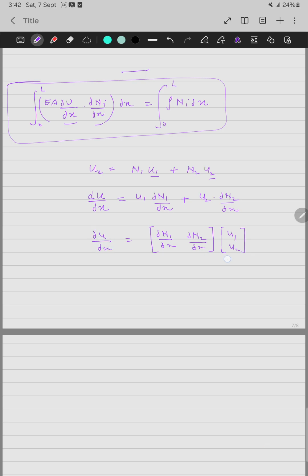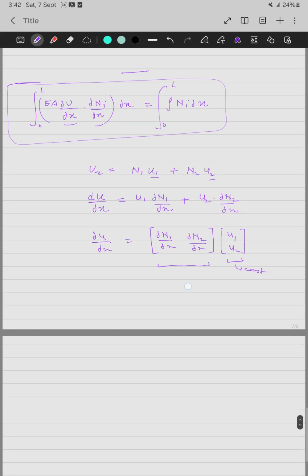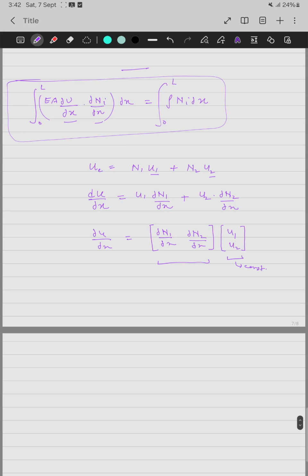So if we see here, this is a constant term and this is variable kind of. If we have linear, then it will again come as constant. Okay, so up to this we got del u by del x.